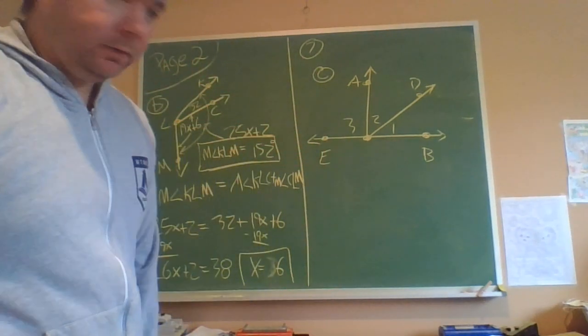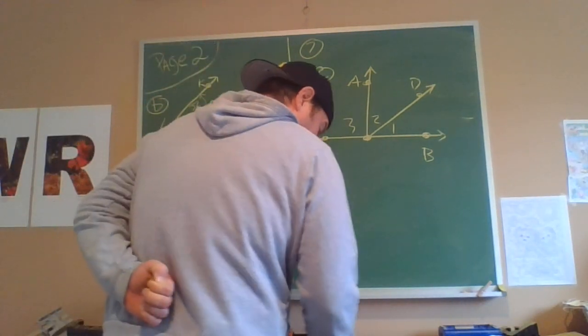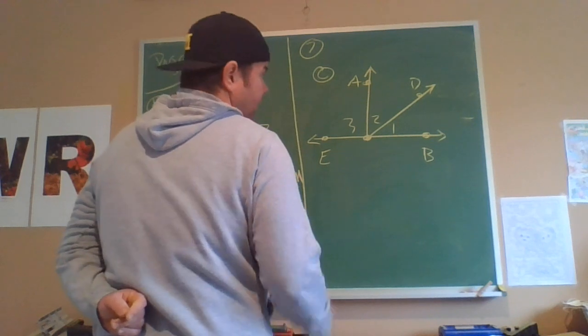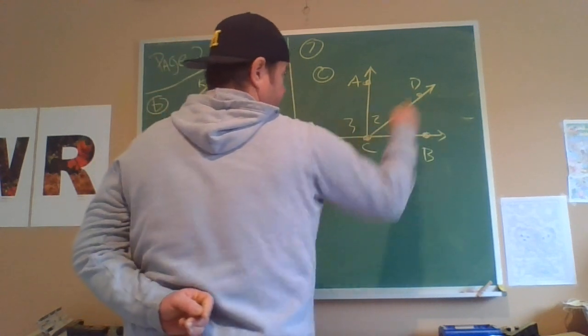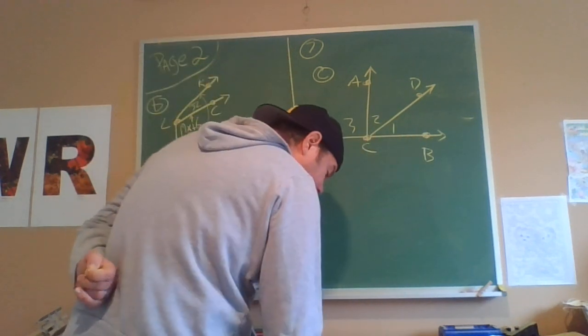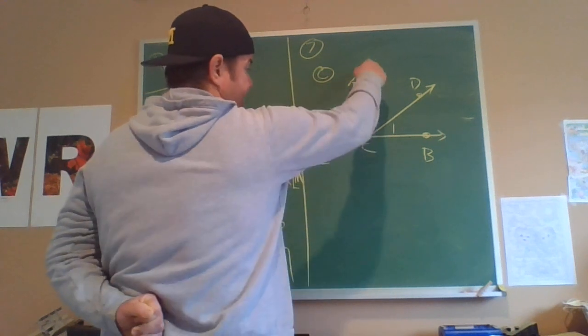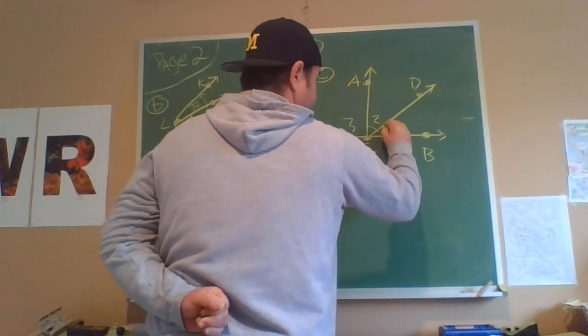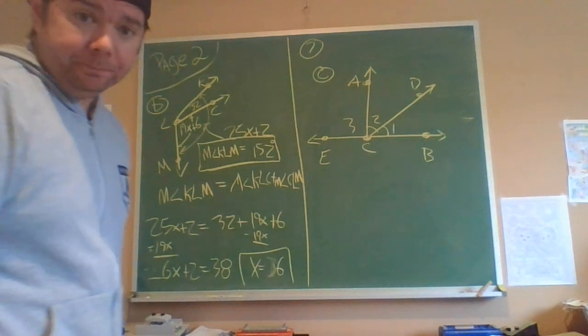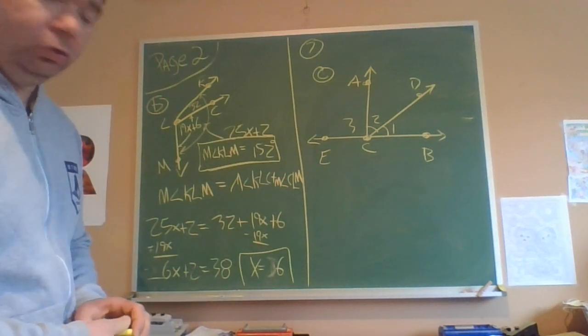Well, again, it gives us some information, so let's look at that first. It says the ray CD, which is right here, bisects angle ACB. So this angle, angle 1, must be congruent to angle 2.